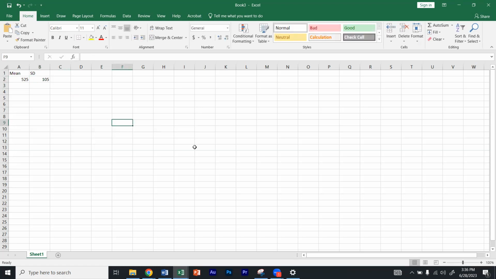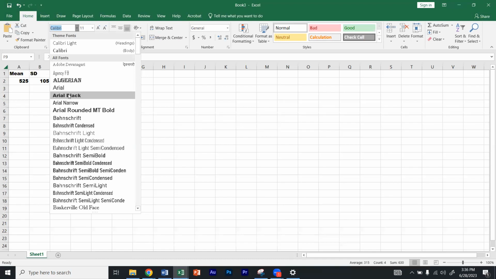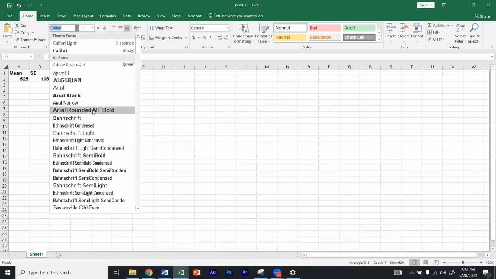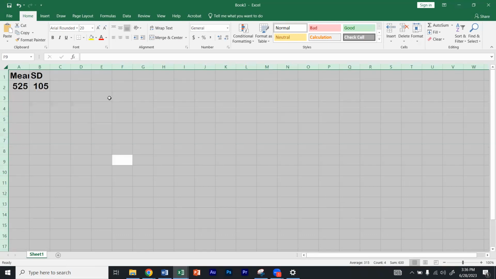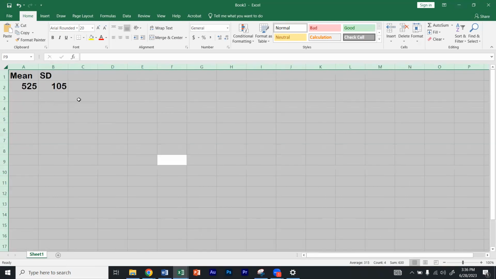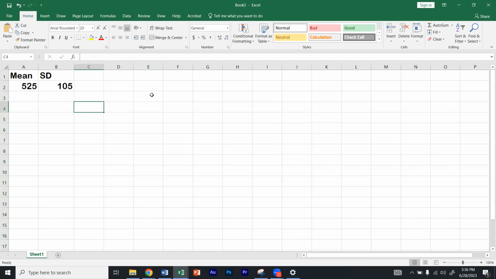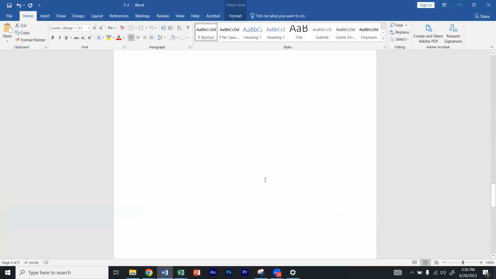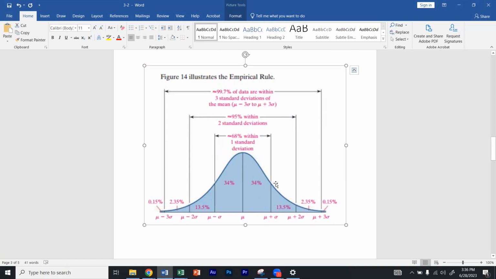Okay, now remember, guys, we just saw the empirical rule is about one standard deviation above and beyond. Okay, remember this little thing? Let's keep this here.